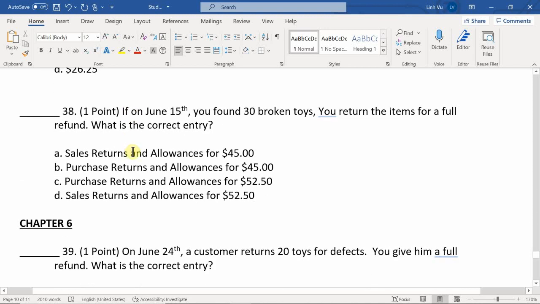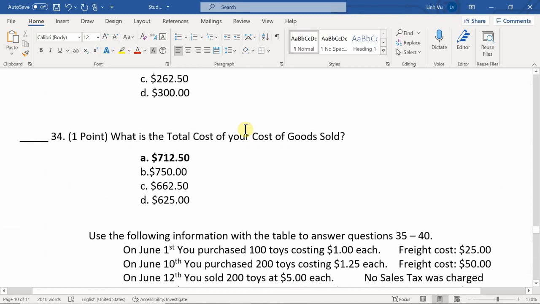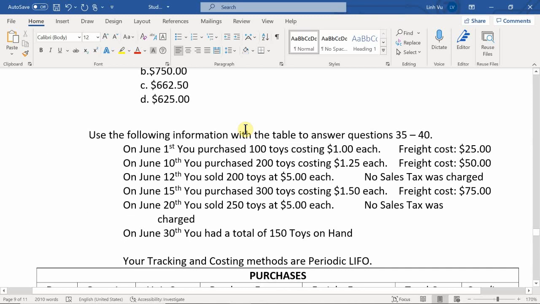If on June 15 you found 30 broken toys, and you end up returning the items for a full refund, what is the correct entry? Let me see if I put in the context there. Use the next to answer questions 35 through 40.